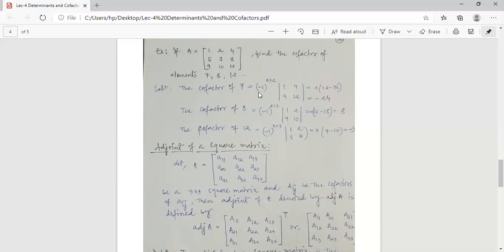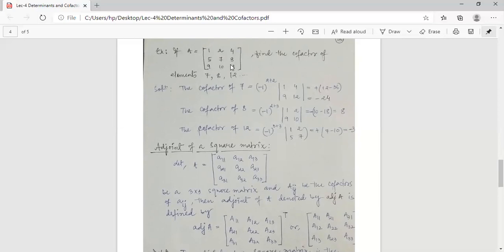Similarly, the cofactor of 12. Find the location: it is A33. So minus 1 to the power 3 plus 3. It is even, so it will be a positive sign. And then the determinant of the remaining submatrix after deleting the corresponding row and column of 12.